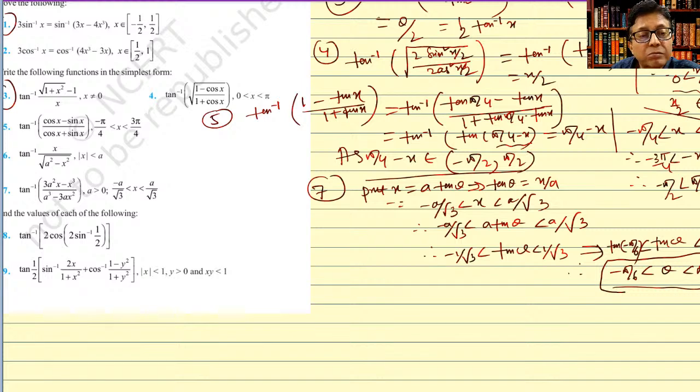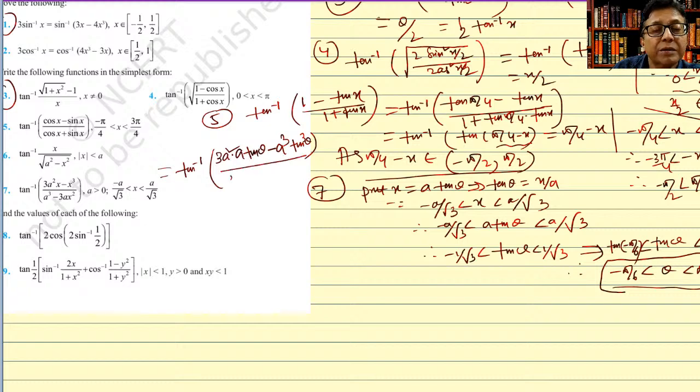Okay. But why have I done this? See, this one will be reduced to, put x equal to a tan theta over there. This is a tan theta, a cube, what? Tan cube theta, this divided by, okay, cancel a cube.